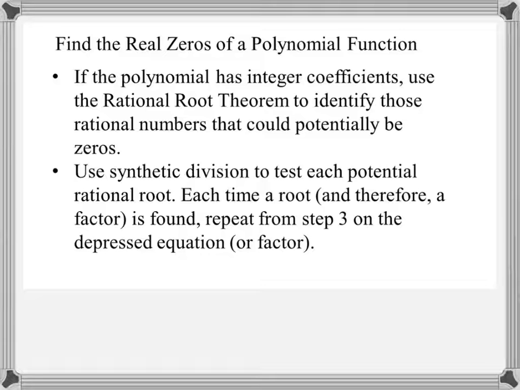If the polynomial has integer coefficients, we'll use the rational root theorem to identify those rational numbers that could potentially be zeros. Then we'll use synthetic division to test each potential rational root. Each time a root, and therefore a factor, is found, we'll repeat from step 3 on the depressed equation or factor.